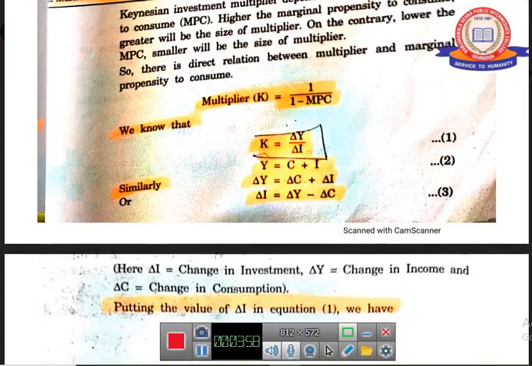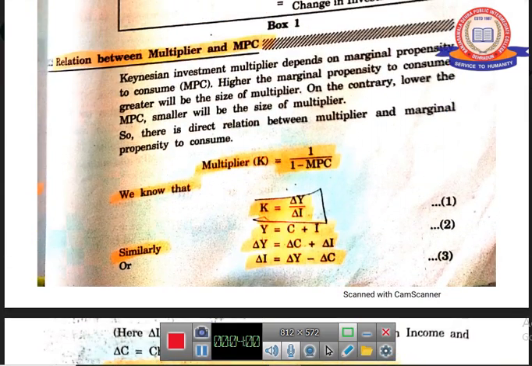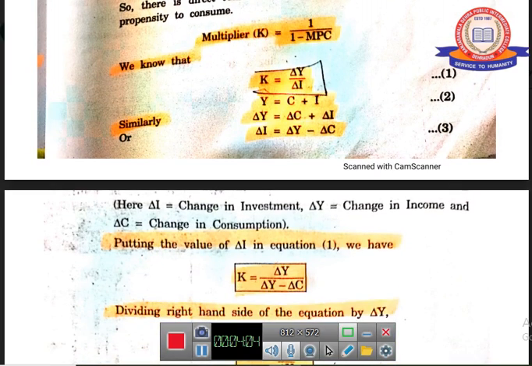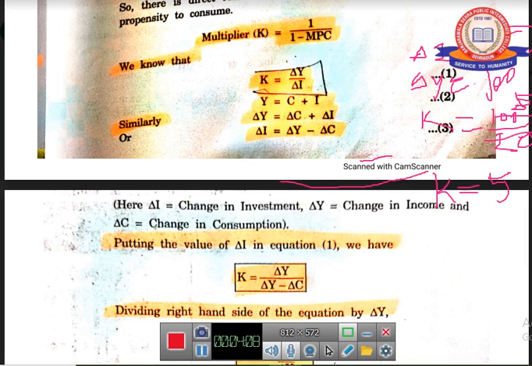So now see the relationship between investment multiplier and marginal propensity to consume. So what is the relationship between them? See this. We know that K is equal to del income upon del investment, and we have already learned in our previous classes that income is equal to consumption plus investment.